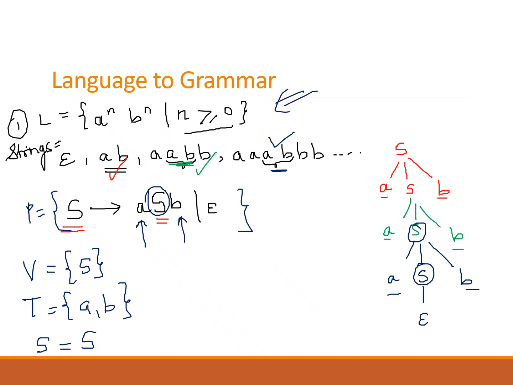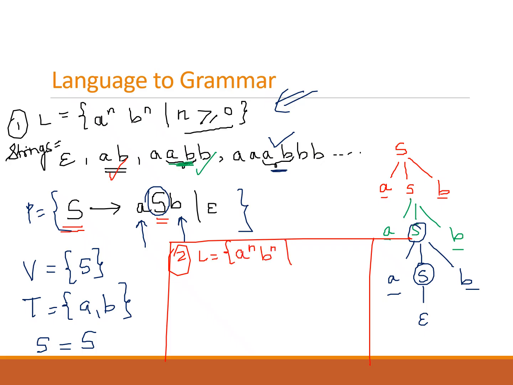Okay, so this was for a^n b^n, n greater than or equal to 0. Now, quickly we can also write a grammar wherein my condition is n greater than or equal to 1. So if I say greater than or equal to 1, I need to have at least one AB. So the least possible string here instead of epsilon is now AB.